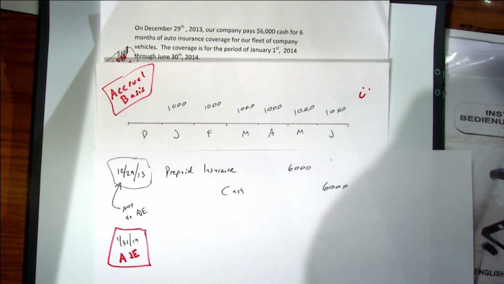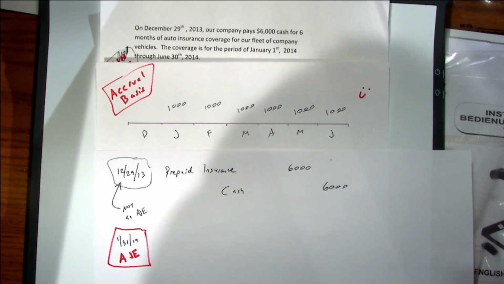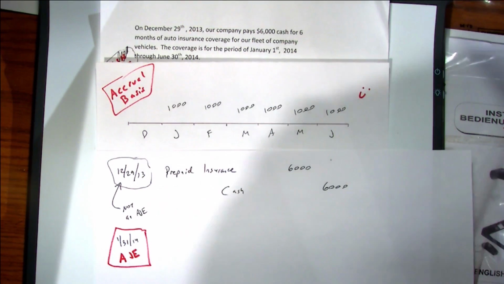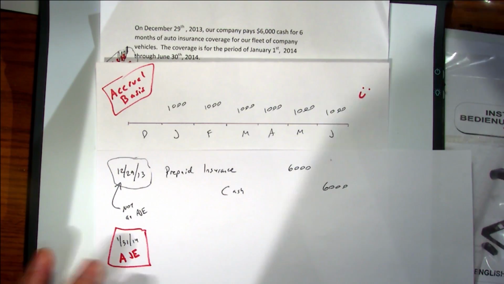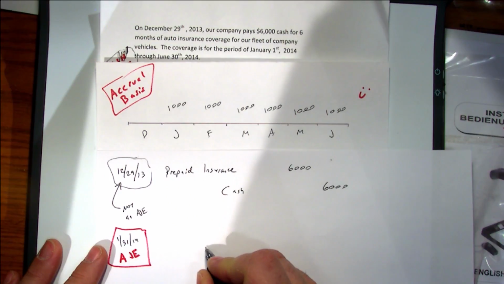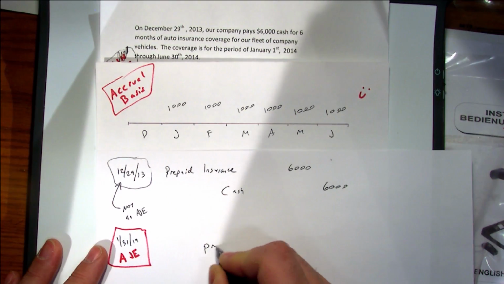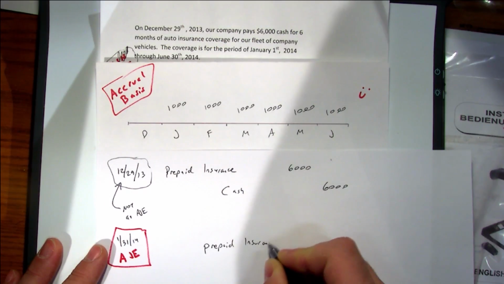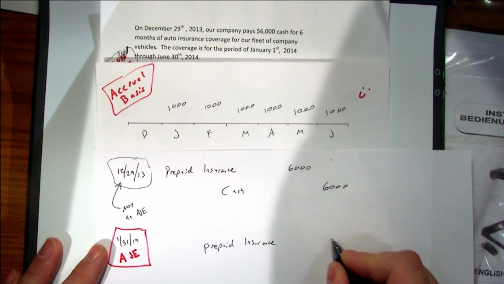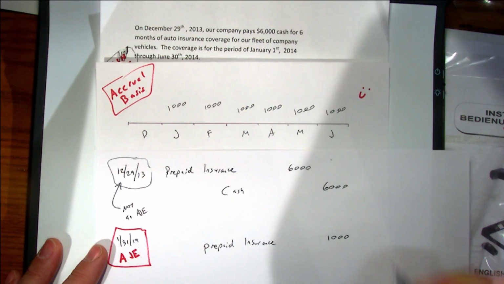You told me correctly that $1,000 of the prepaid insurance was used up, right? So we have to decrease prepaid insurance. Well, prepaid insurance is an asset. It has a debit balance to increase it and a credit balance to decrease it, right? So do we debit or credit prepaid insurance? Credit. We credit prepaid insurance by $1,000. We are going to decrease it.